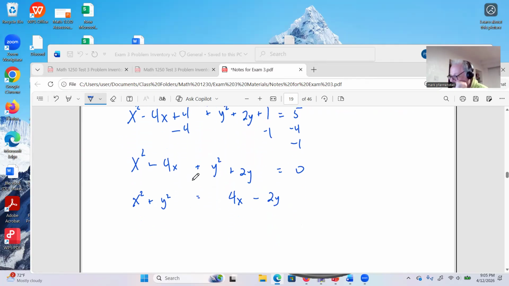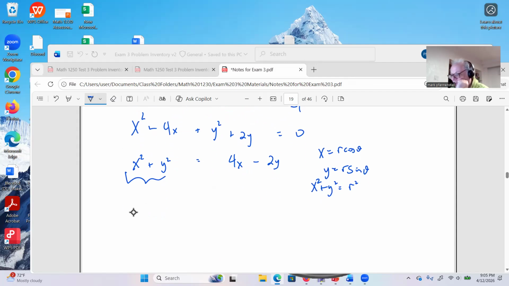Okay? And again, we're going to say that x is equal to r cosine theta, y is equal to r sine theta. Remember that x squared plus y squared was equal to r squared, right? So here we go. We have r squared, that's my x squared plus y squared, is equal to 4 times x, which was r cosine theta, and then minus 2 times y, r sine theta.